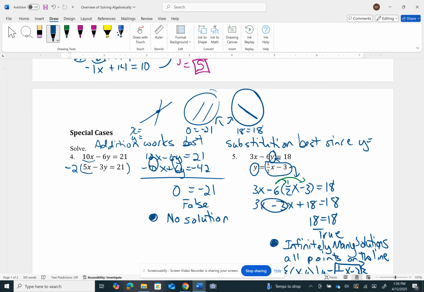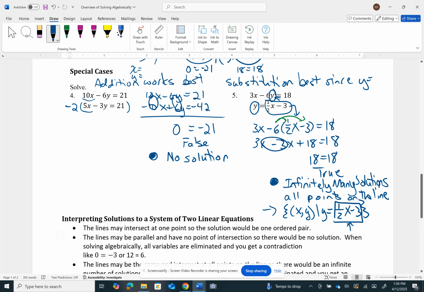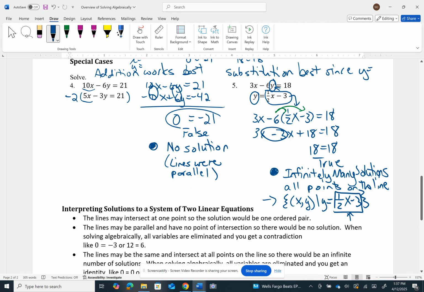All right. So really when that happens, it's no solution because really the lines were parallel. You just didn't know it ahead of time. And really the best thing to do is just to try to solve algebraically and just see if you get a false statement or if you get a true statement.